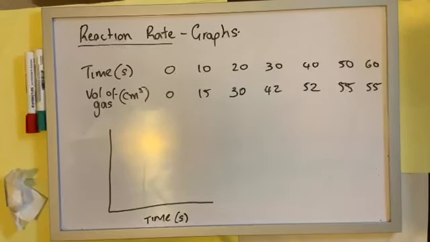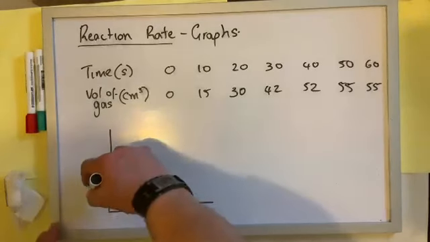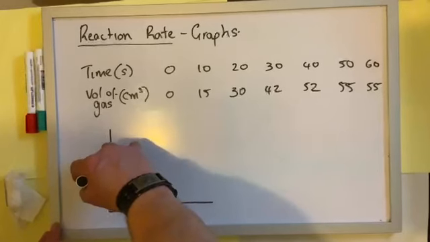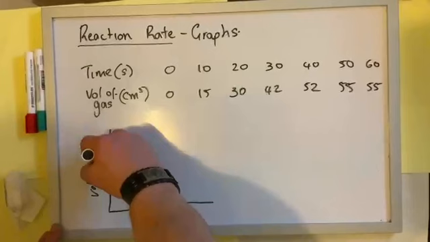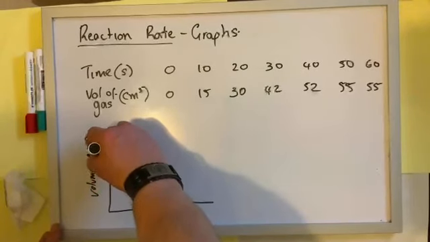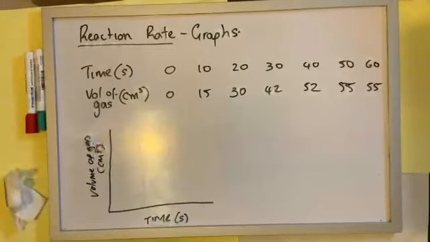The thing that's been measured because of you measuring the time goes up the side, the y-axis. And again, you must put all the wording in correctly and with the units. That would be volume of gas, again centimetre cubed. That automatically gains you 1 mark.